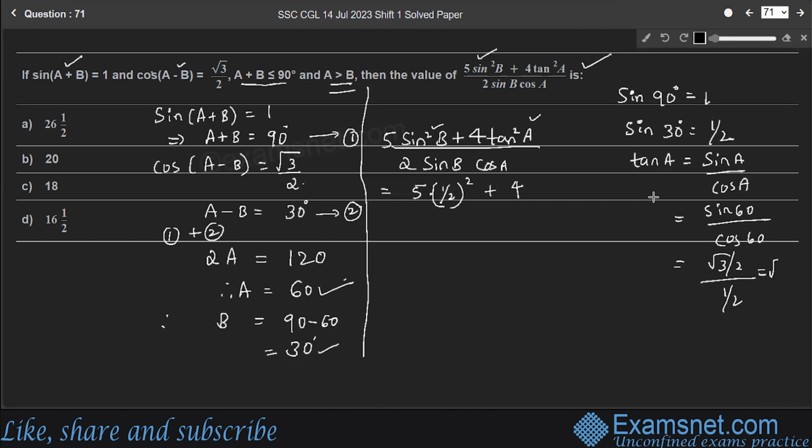Therefore, tan A is root 3. Therefore, tan square A becomes root 3 the whole square, whole divided by 2 times sine B.